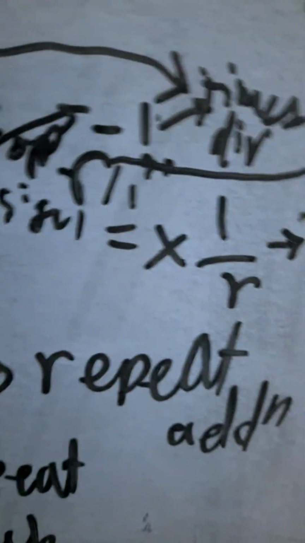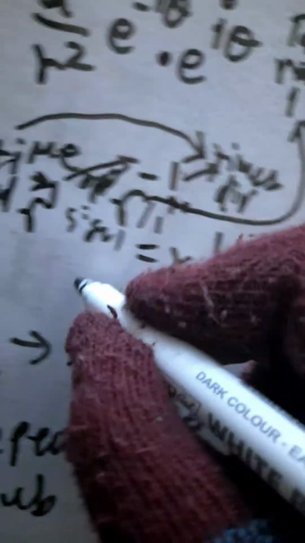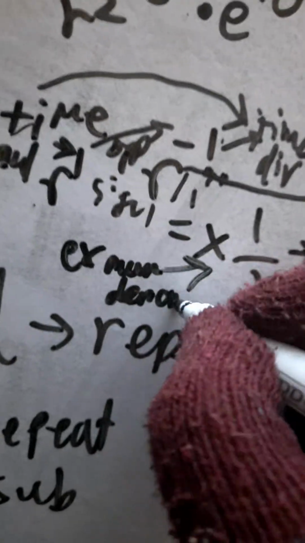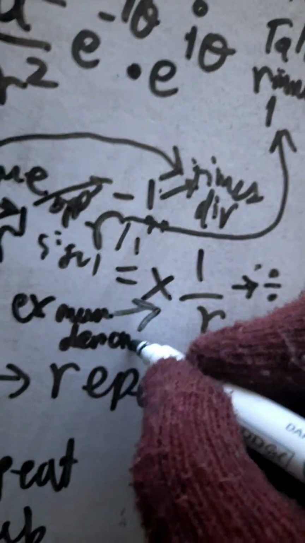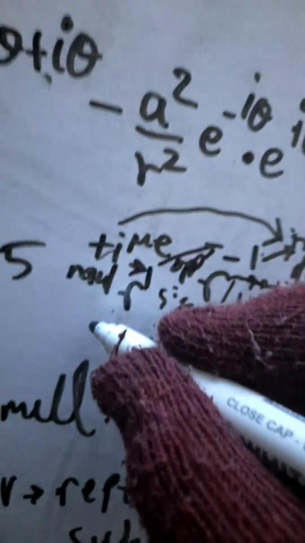When I reverse that fraction, which is 1 by r, I exchange the numerator and denominator. So r by 1 is the opposite fraction of 1 by r. So it created the opposite.